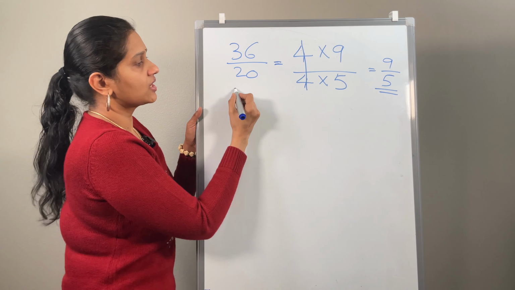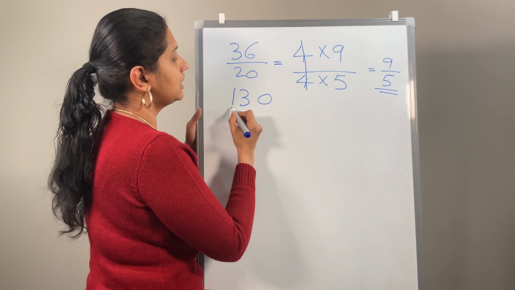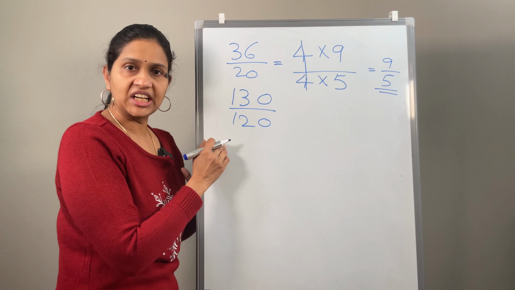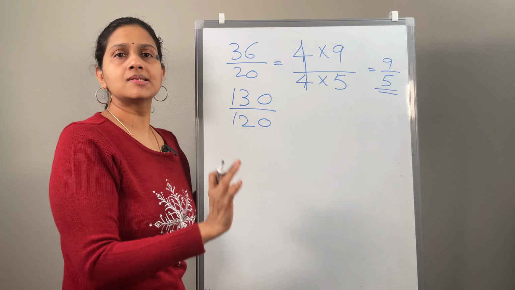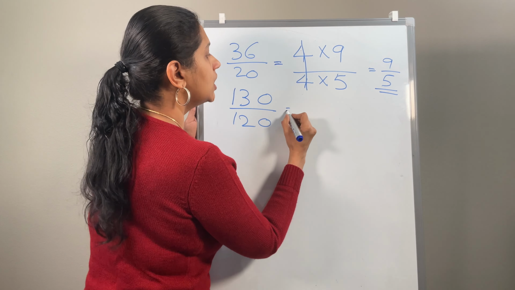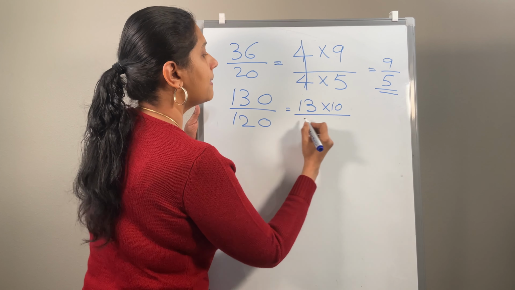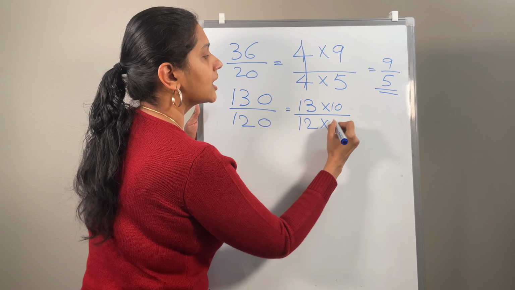Okay. Now, consider 130 by 120. You know, 130 and 120 both are multiples of 10. So you can write this as 13 times 10 by 12 times 10.